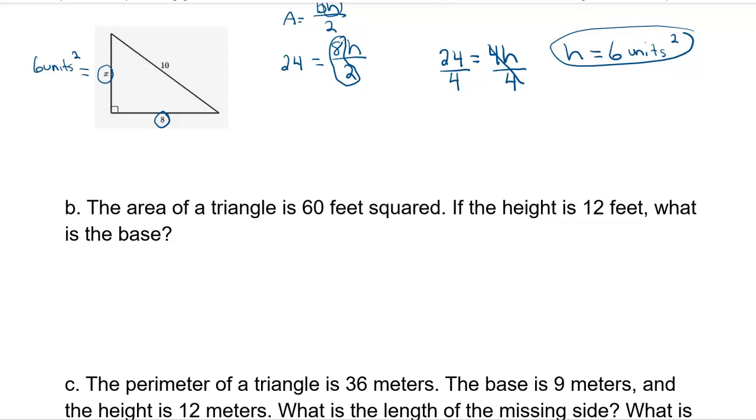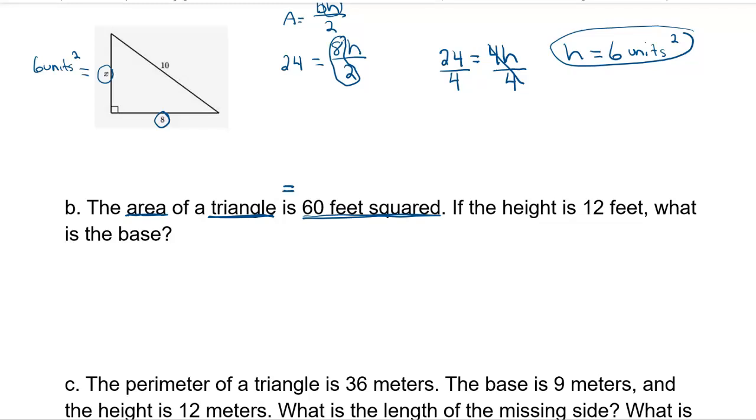All right, so the area of a triangle is 60 feet squared. So area and triangle, right? Those are important things. And then I have 60 feet squared. And notice is means equals, right? So I've got a little equation that is getting set up here.